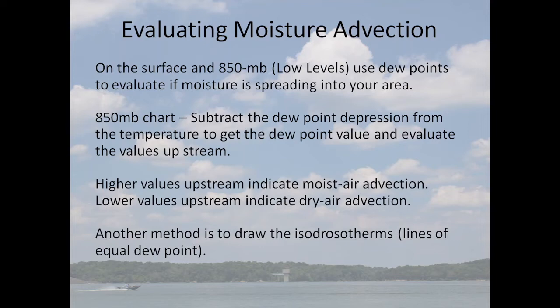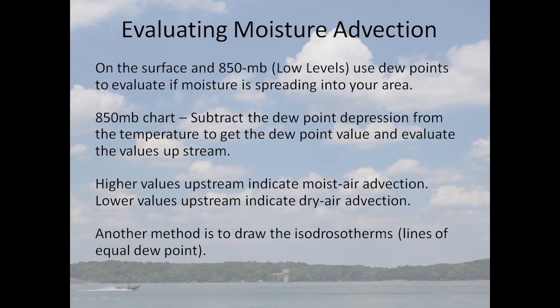So we'll get to a chart here in just a minute. If you have a dew point depression of 5 or less, then you can consider that significant moisture. Just to point that out, and let you know what a dew point depression is. It's just one number, not necessarily single digits, but it's the difference between the temperature and the dew point at that level.